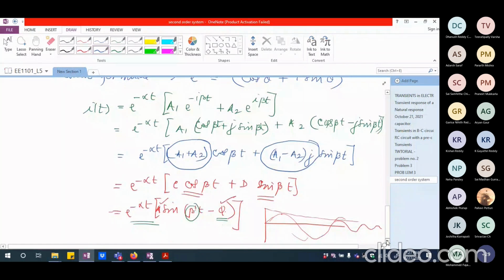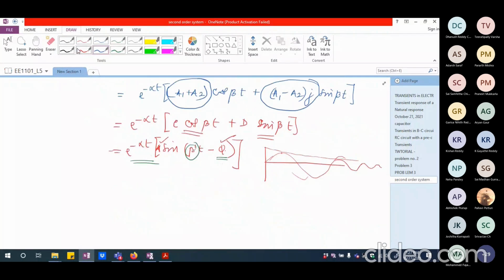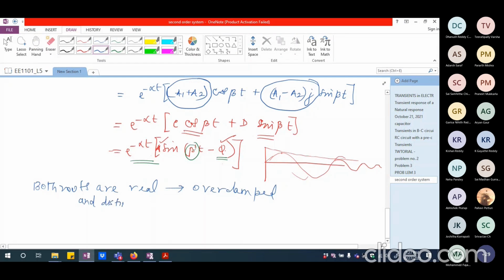One is going to be both real roots. When both roots are real, we call this an overdamped response. And when both roots are real and distinct, then we are going to have an overdamped response.